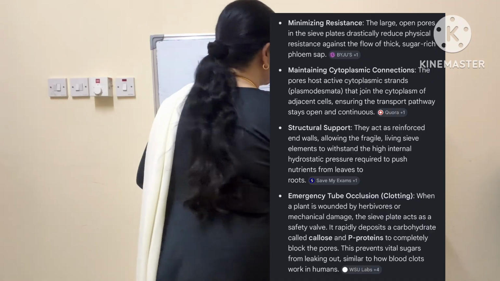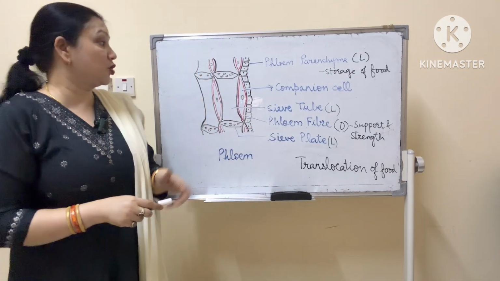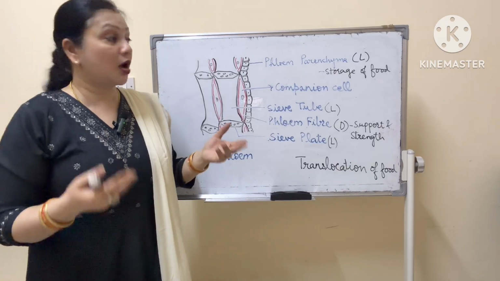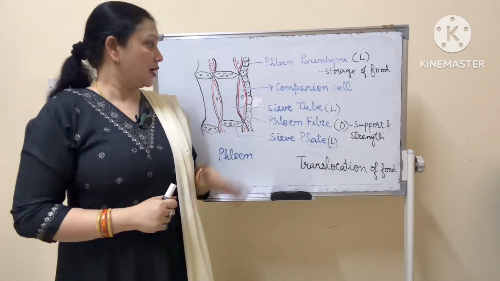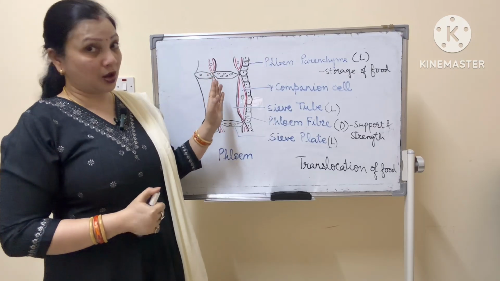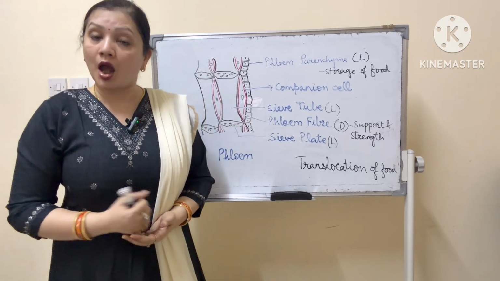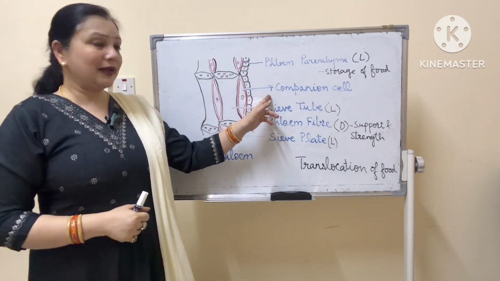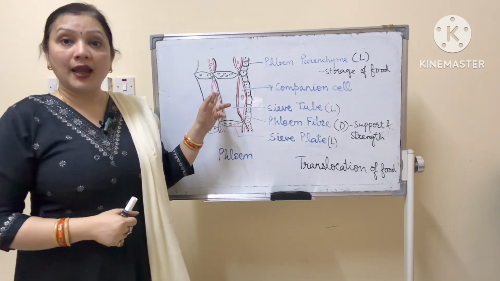Now these are living cells, but the problem is they do not have a nucleus. If the nucleus is not there, how will the activities get controlled? It has cytoplasm, it has organelles, but no nucleus. So activities need to be controlled. How will it be done? The companion cell says, don't worry, I'm your friend. I have a nucleus and I will help you.